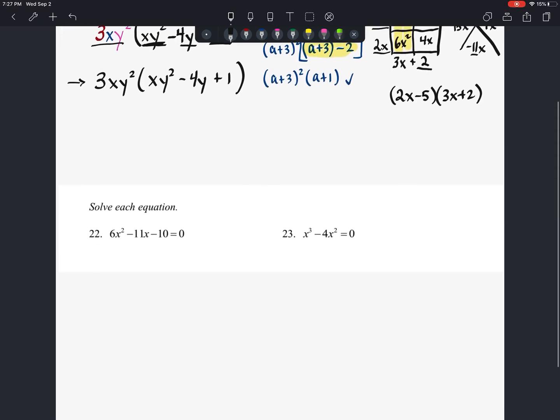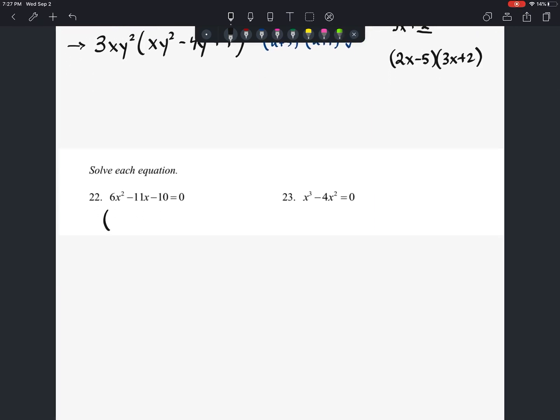We just factored that. So we're going to factor this into 2x minus 5 times the quantity of 3x plus 2, still equals 0. And because it equals 0, that's a good thing because we can use the zero product property, which you learned about back in Algebra 1.